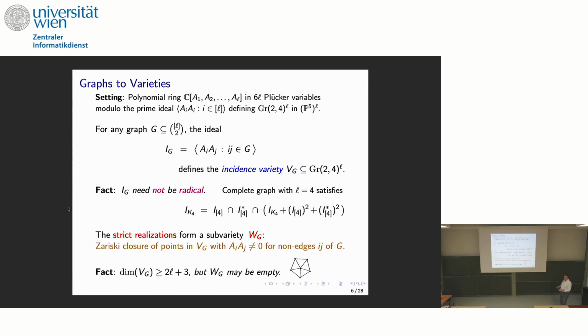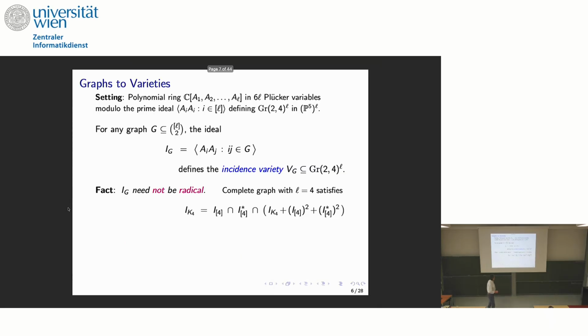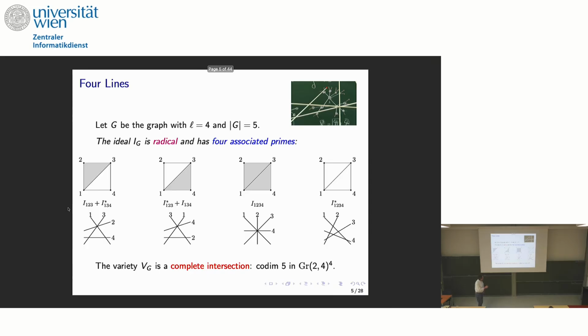And then that's not closed, so I take the Zariski closure, and I'm going to call that W_G. So W_G is the subvariety, the Zariski closure of all strict realizations of the graph. In this example, all of this is V_G, but only these 2 components are in W_G.